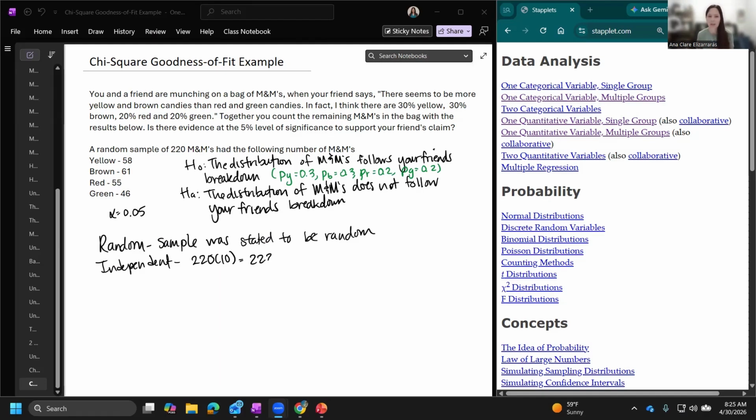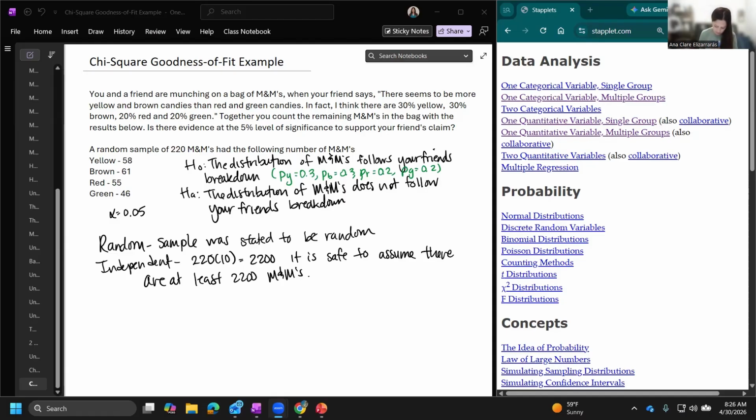So there's got to be at least 2,200 M&Ms out there. I'm sure that there's 2,200 M&Ms on a single shelf in a candy store.